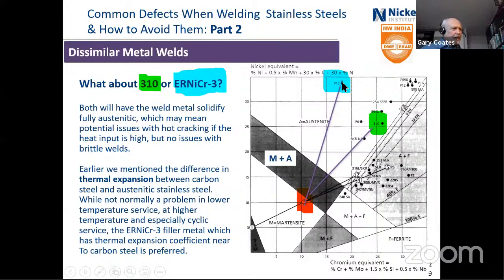In fact, the specifications often will say above maybe 350, 400 degrees C, you should use a nickel alloy filler metal to weld, for example, chrome moly steels to a stainless steel. This is preferred in those applications for reasons of similarity of thermal expansion coefficients, especially if the material is going up and down in temperature regularly.